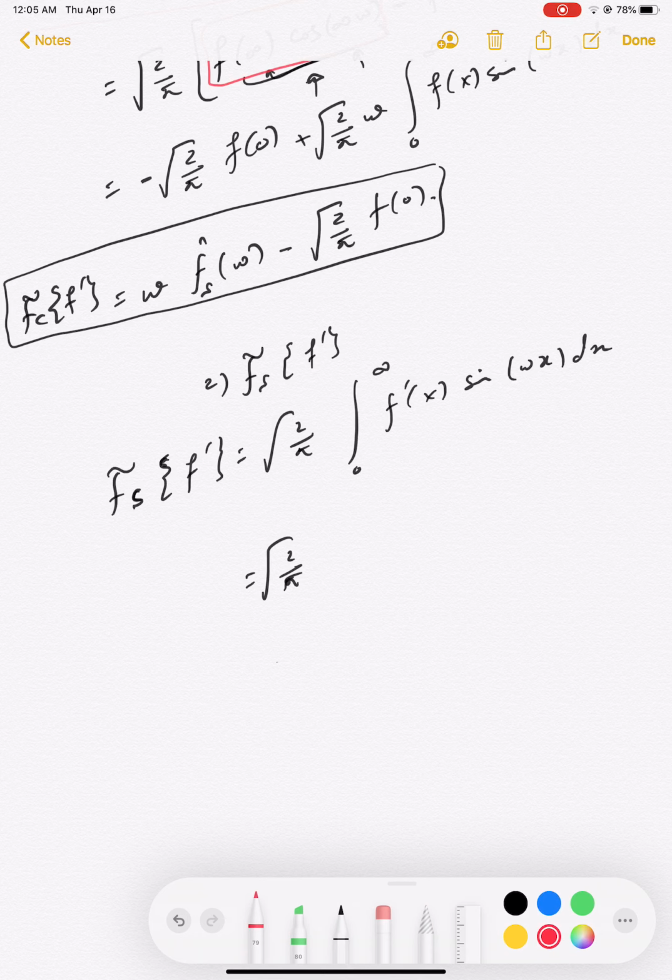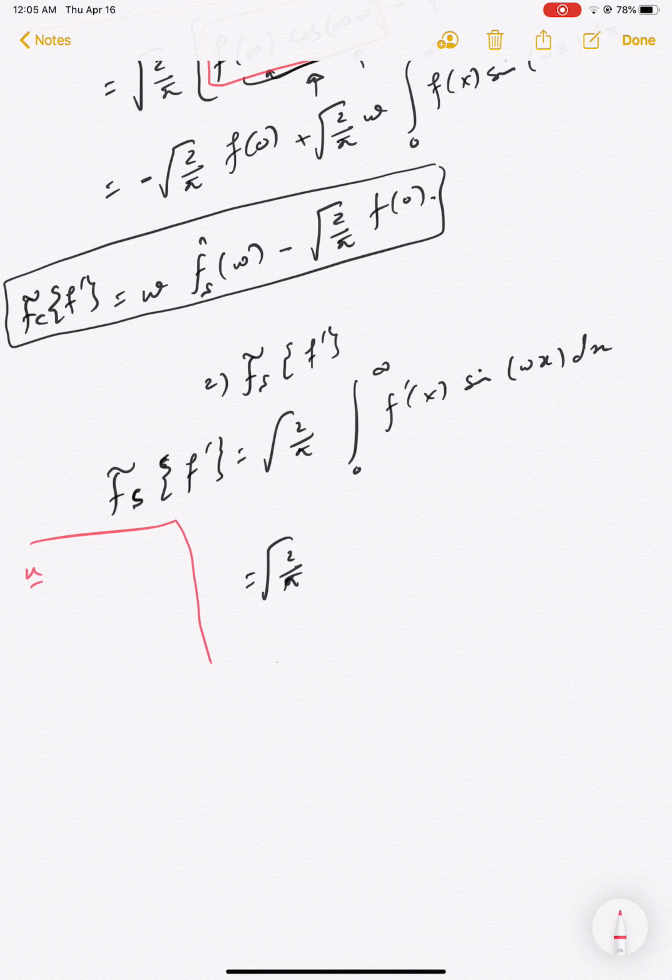Again, you do it by parts, but this time the u is the sine, and the dv is f prime. You integrate this, you differentiate this. Standard steps.